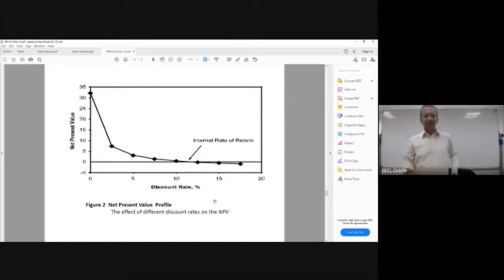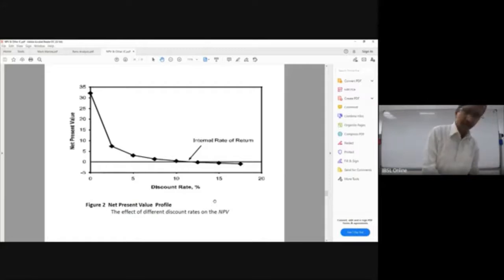When discount rate is 0, net present value is the highest, right? With the discount rate increasing, net present value comes down. So when net present value becomes 0, that discount rate, we call it internal rate of return. So I hope that is clear for all of you.